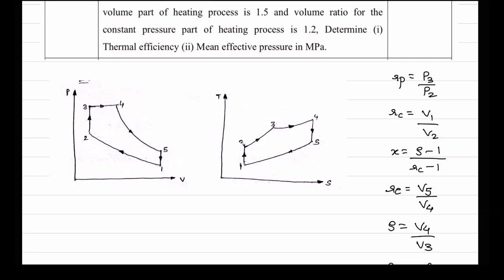P1 is equal to 0.1 megapascal; converting megapascal to kilopascal, it will be into 1000, so 100 kilopascal. And temperature T1 is given as 27 degrees Celsius, so 27 plus 273, it will be 300 Kelvin.